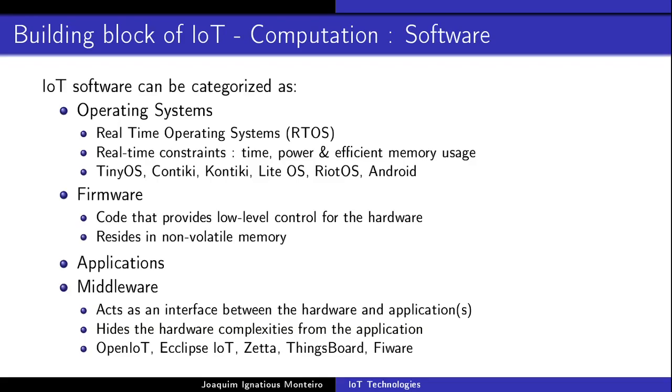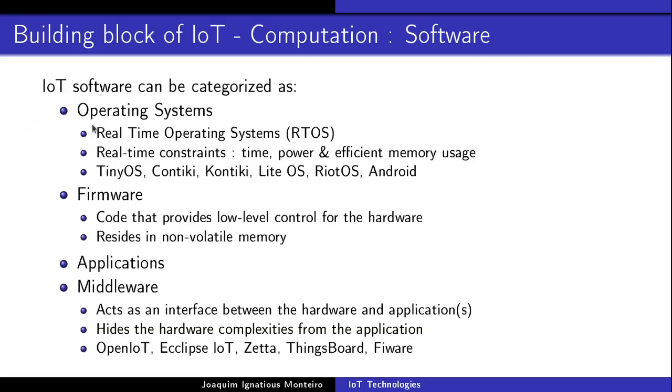It resides there, and sometimes you'll be able to update it as well if it is within your warranty period. All those updates, OTA updates, could be taken. Okay, so that's firmware.